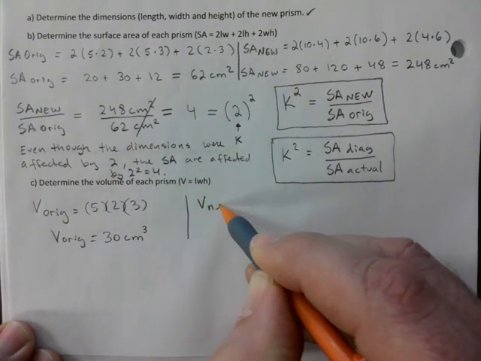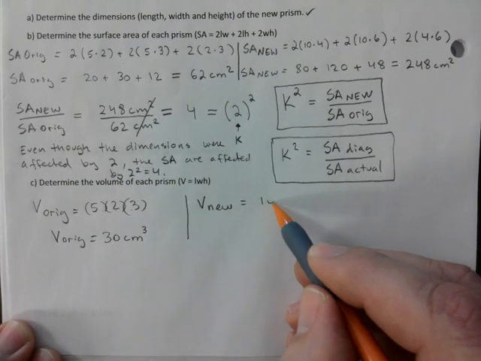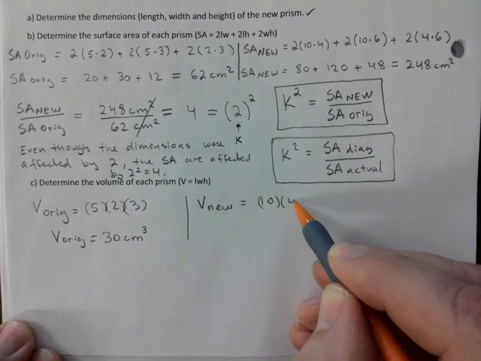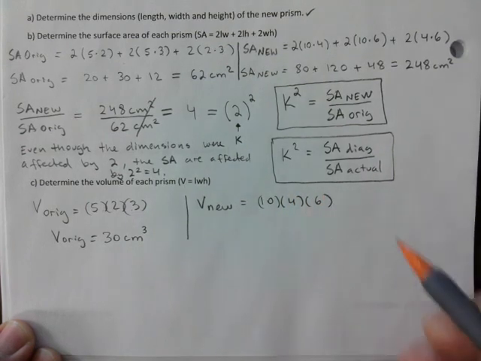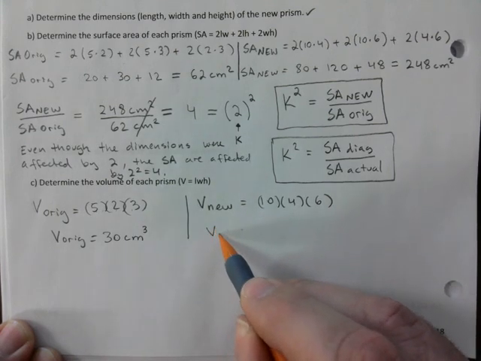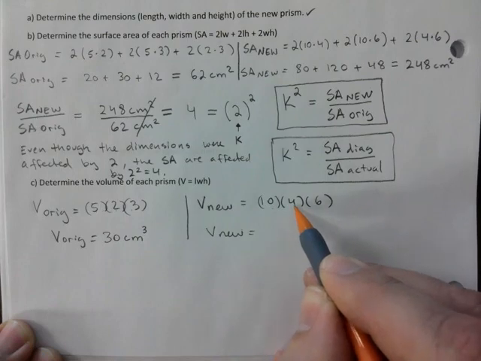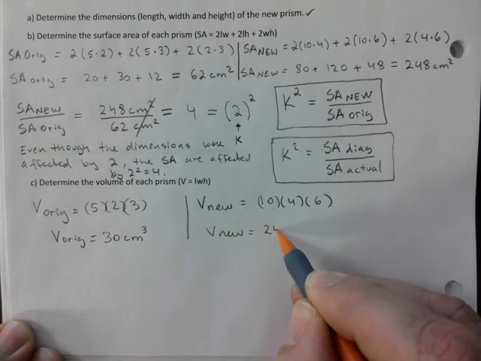Volume of the new one that we created would be, just look up at the numbers, right? 10 times 4 times 6. Okay. So volume of the new shape, that's 6 times 4 is 24 times 10 is 240.